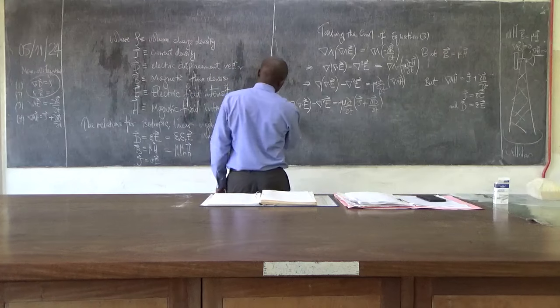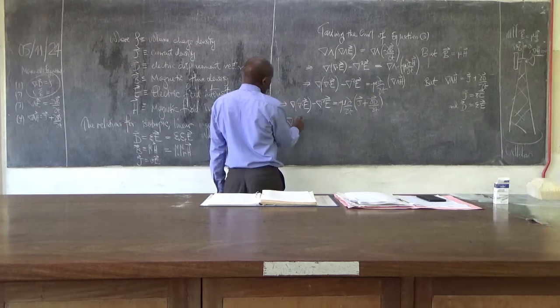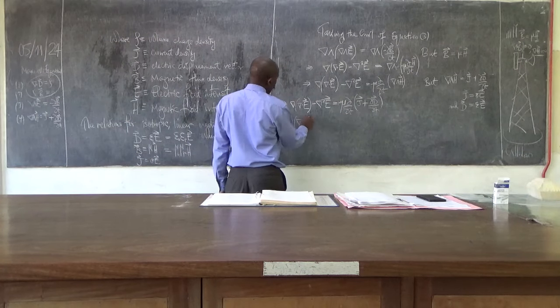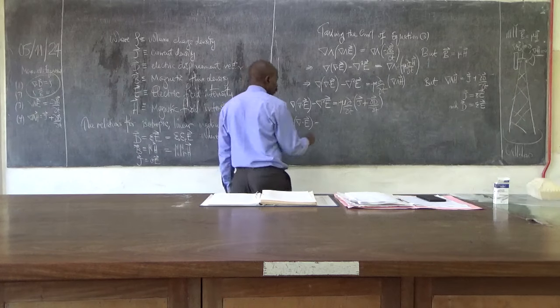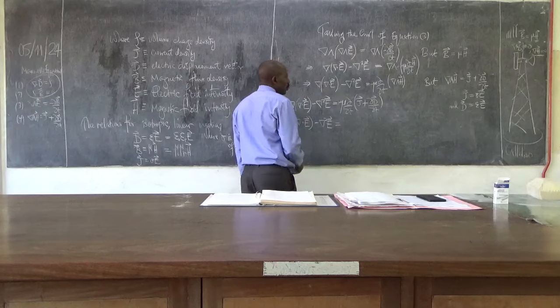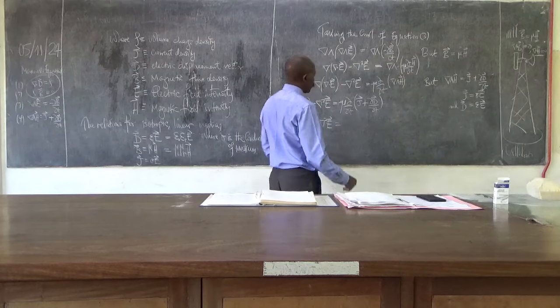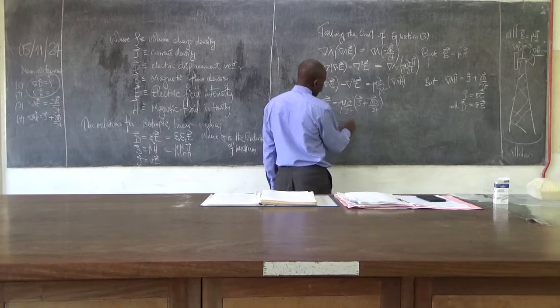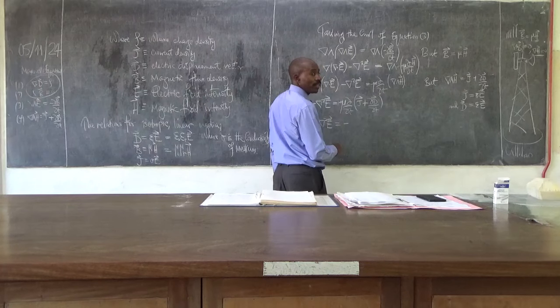So this would imply that the grad divergence of E minus grad squared E is equal to, so I can expand. This would be minus, can I substitute for J at this point? Yeah.